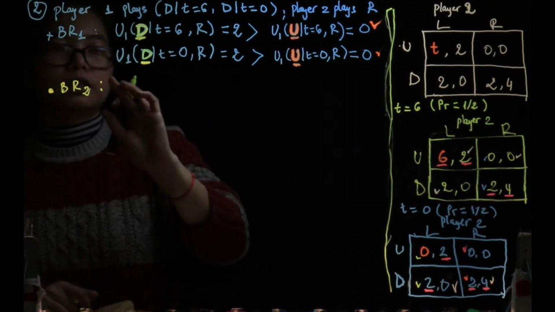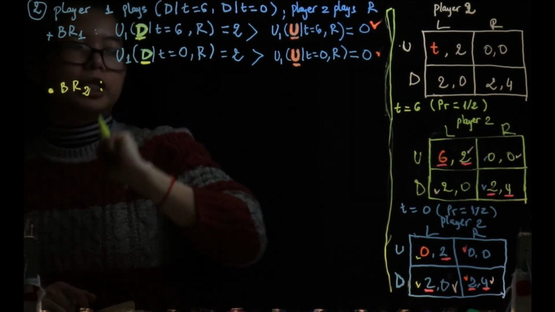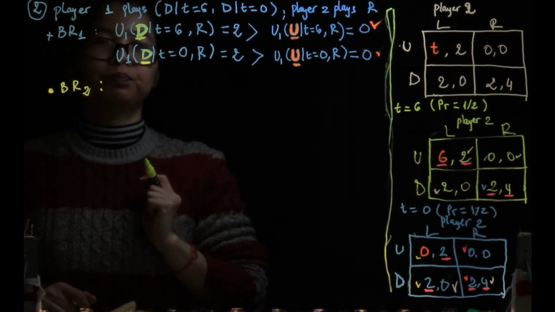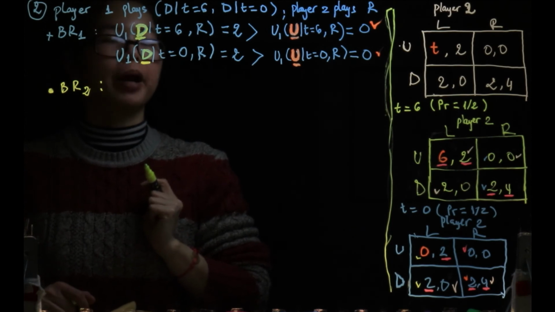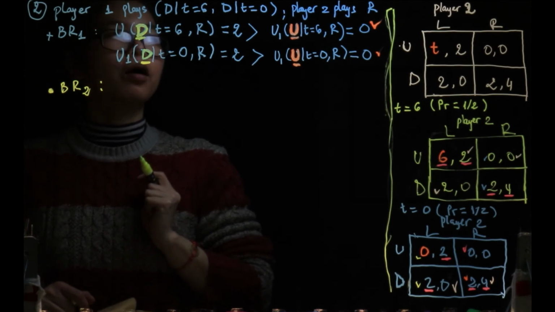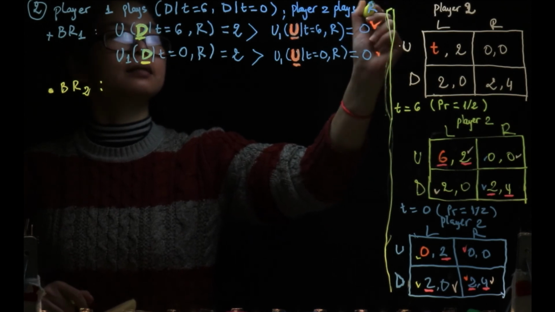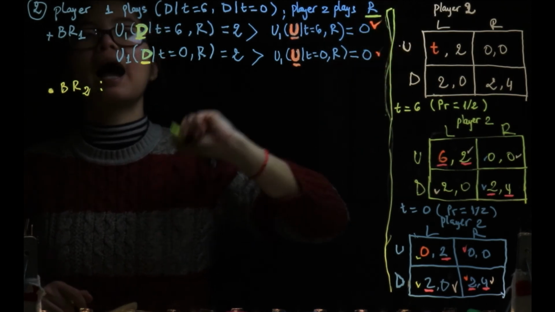Now for the second player, again we need to check the expected payoff, to see if the expected payoff of him or her playing right is indeed the highest.